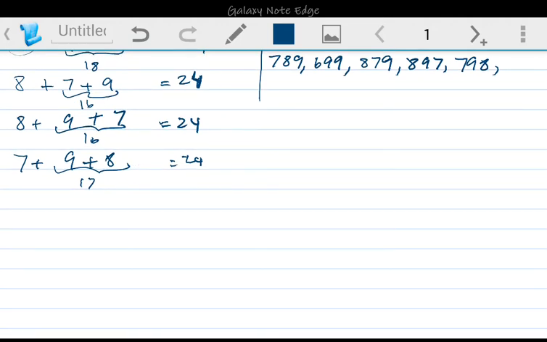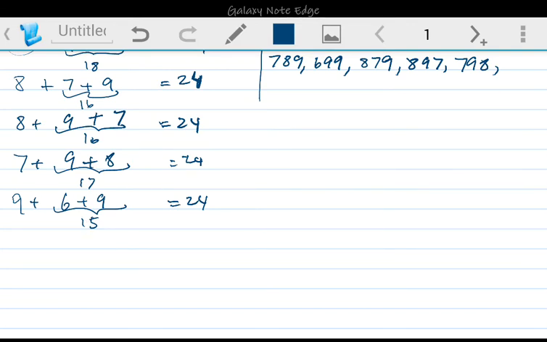So now let's move. If the first digit is 9, so we have 24 minus 9. It's going to be 15, I'm sorry. So what two numbers added to each other is going to give me 15? Well, let's try 6 plus 9 is 15.